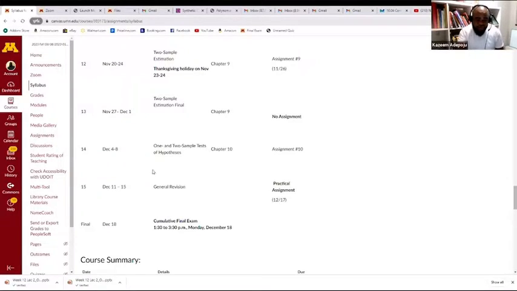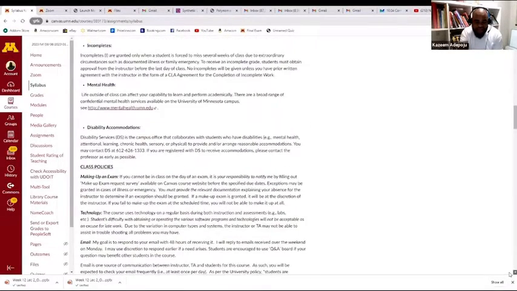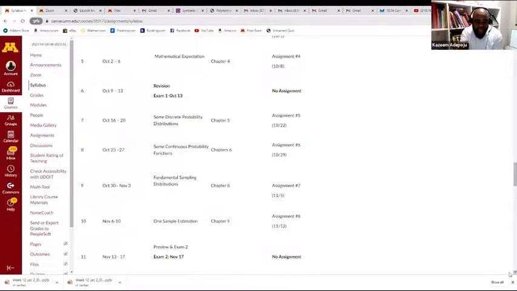Now, after assignment 9, you're going to have assignment 10. And don't forget, when you look at all the assignments here, you're actually going to have 11 in all, plus the practical. Which means the original assignments are going to be 10, right? Out of the original assignments, I'm only going to use 9.